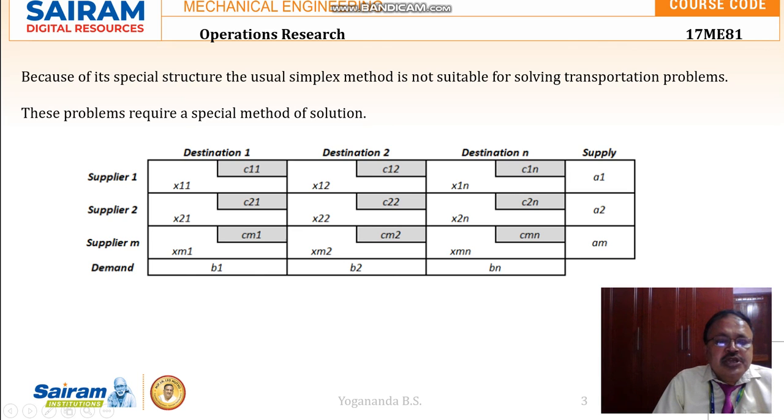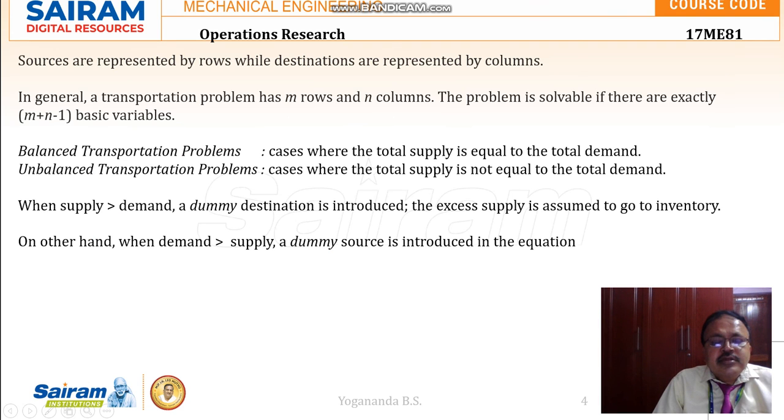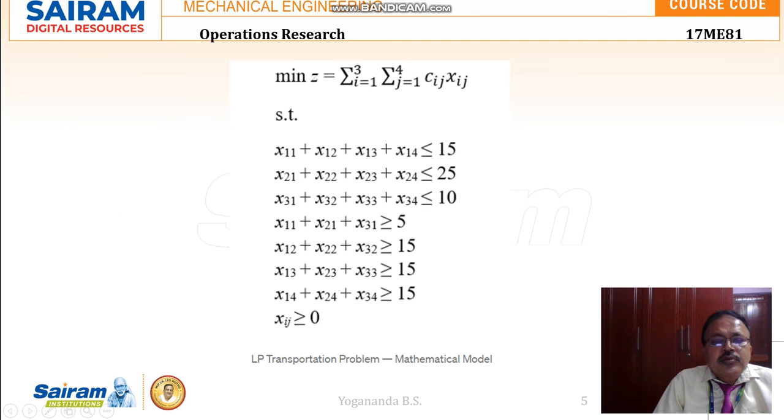So the summation will be equal to b1. Like this, we are writing the constraints, and all the x values should be greater than or equal to 0. If I don't make any shipment, the x value will be 0. If I make shipments, x will be greater than 0. So this is the LPP form. Thank you.